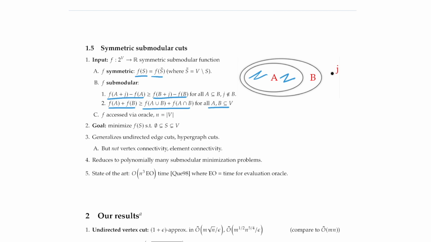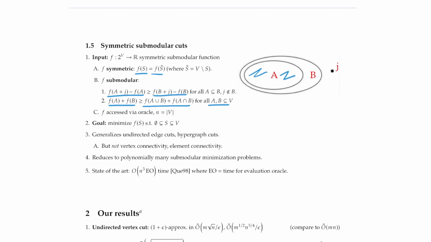For this kind of problem, we're assuming we can access f via an oracle, and we let n denote the number of elements. The problem is to minimize the value f of S over all non-trivial sets. So S can't be the empty set, and it can't be all the elements, but otherwise I want to minimize f of S. This generalizes undirected edge cuts and hypergraph cuts because those cut functions are submodular functions of the vertices.